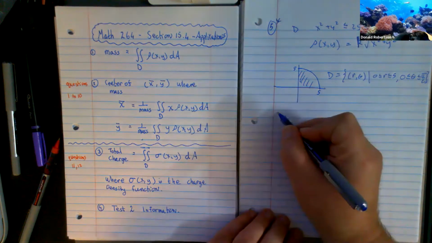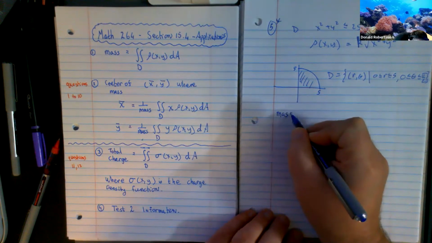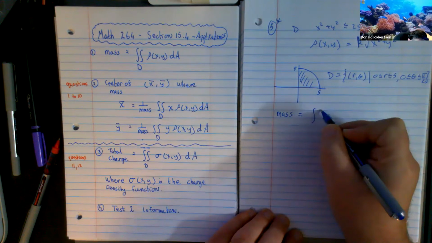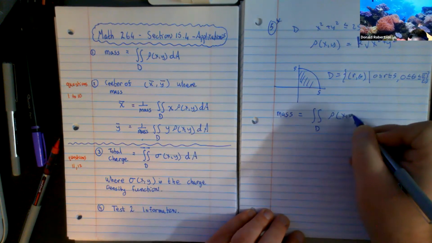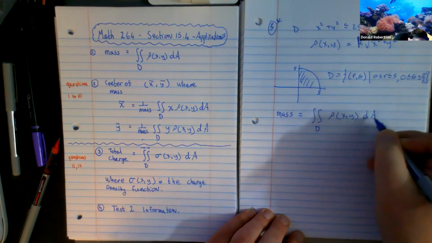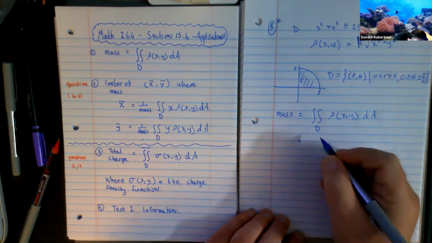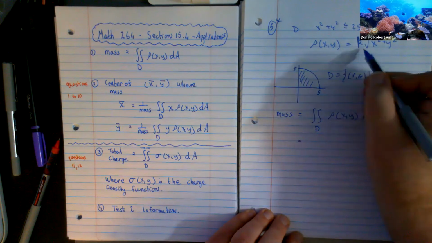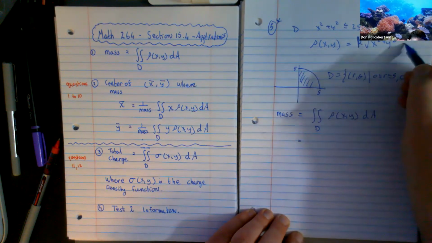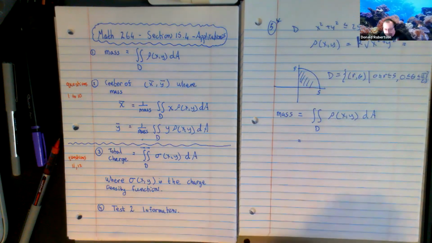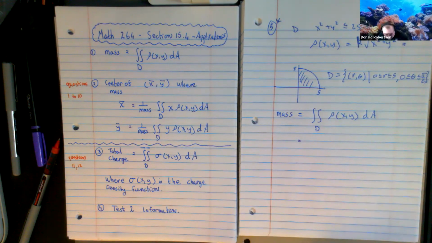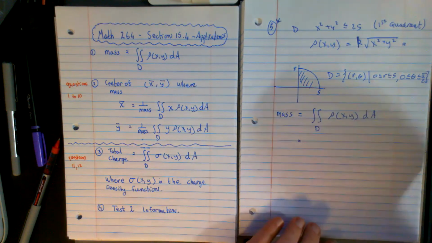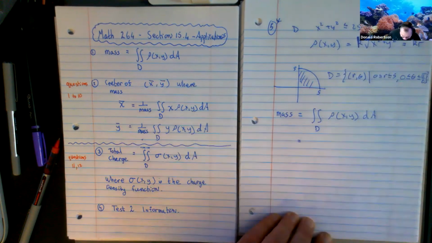So the mass is going to be the double integral over D of the density function, dA. In this case, that's the density function. What will that look like if you convert this into polar? K times R times K, that guy.